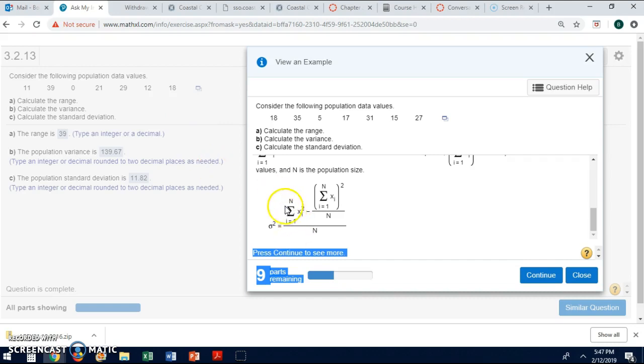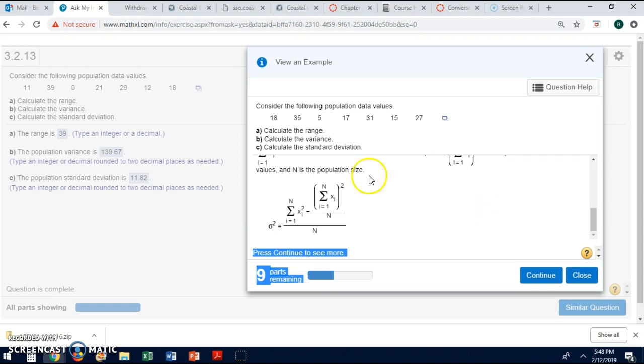So we're going to take the sum after we square each of the x values, minus the sum of all the x's. Here we're going to add all the x's together and then square them. So this is the sum of x squared i, and this is the sum of xi, and then square it. And you're going to divide by n. So you're going to take this minus this and divide by n.